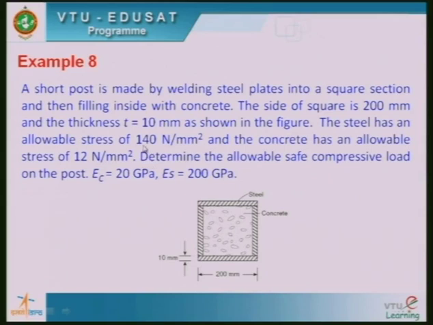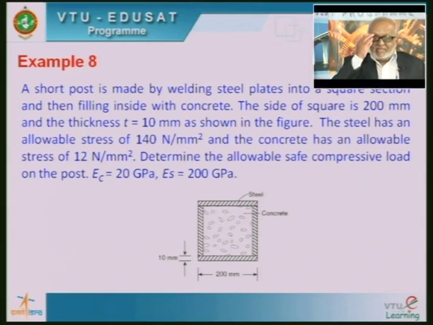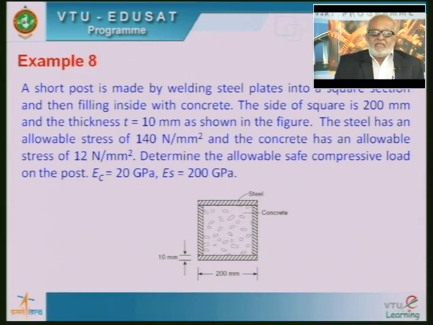The steel has an allowable stress of 140 Newton per mm squared. So, in the previous class I told you that we have a concept of what is called factor of safety. So, based on the factor of safety and the yield strength or the ultimate strength of the material, they have worked out and they are giving that you cannot exceed the stress in steel to be more than 140 Newton per mm squared.